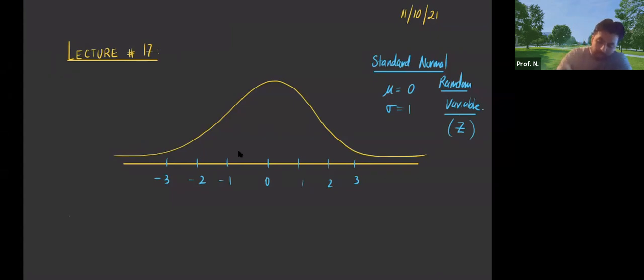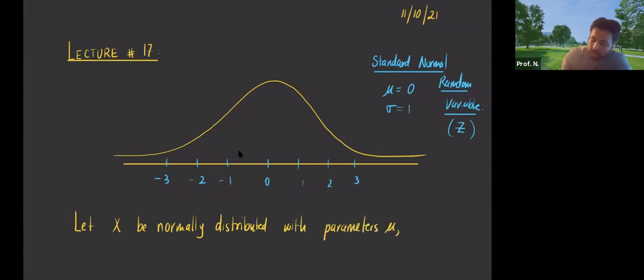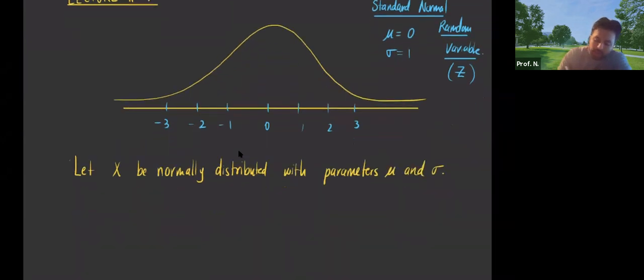So let X be normally distributed with parameters mu and standard deviation sigma, then our normal random variable can be standardized by subtracting the mean and dividing by the standard deviation.